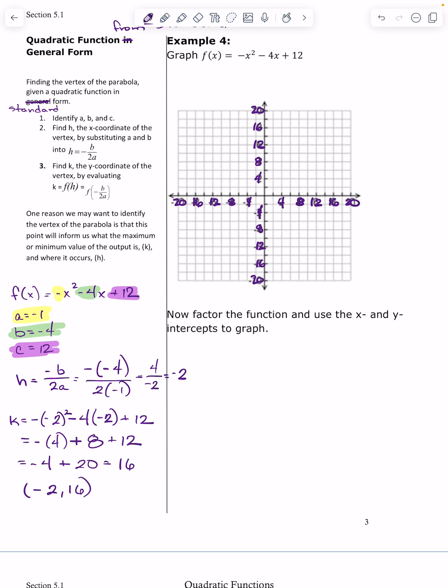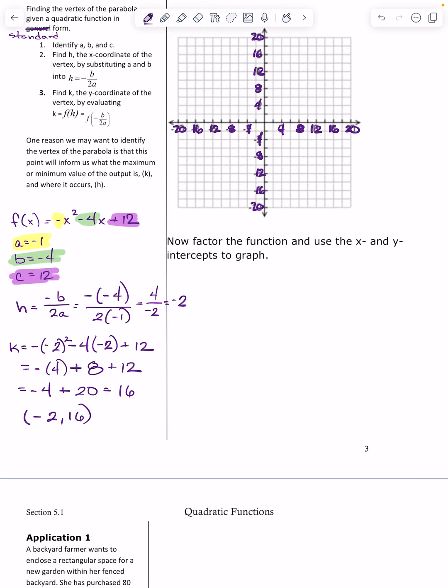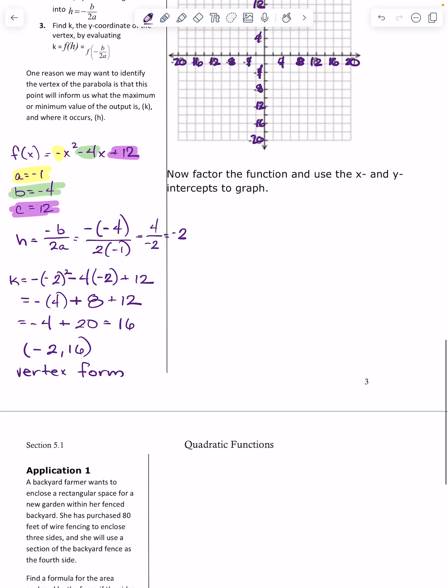Okay, now in vertex form, which looks like this. The a is the same as it is above, so it's that negative 1. X minus negative 2, I found h is negative 2.